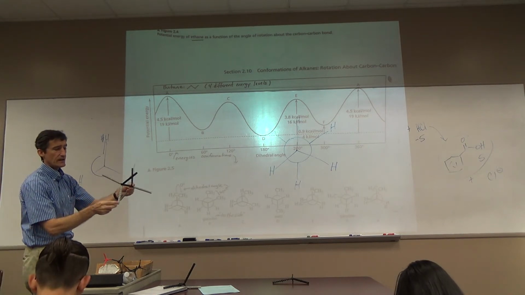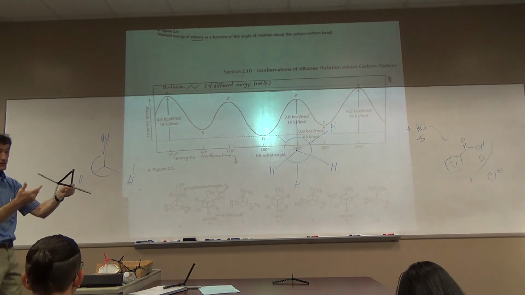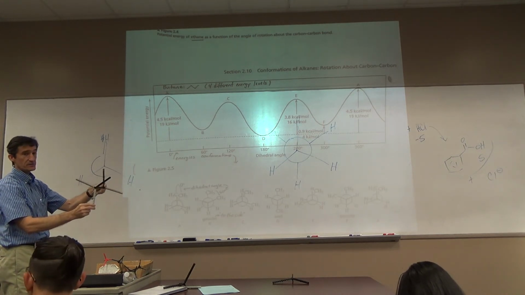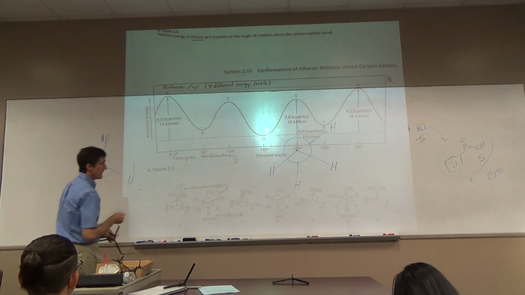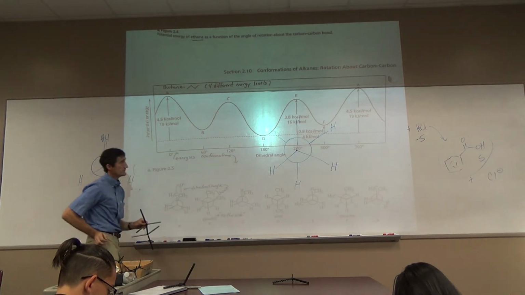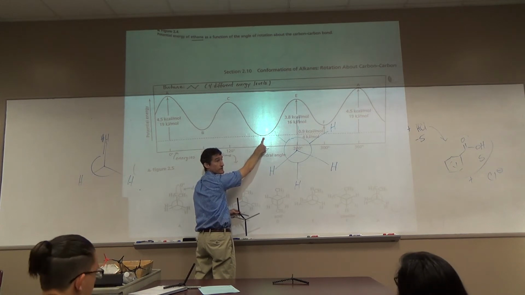Gauche. Gauche, I believe, is French for to the side. So they're sort of to the side of each other. But gauche is not as good as anti. They're both types of staggered, but anti is better. Anti is the best one up here. It's the lowest in energy.